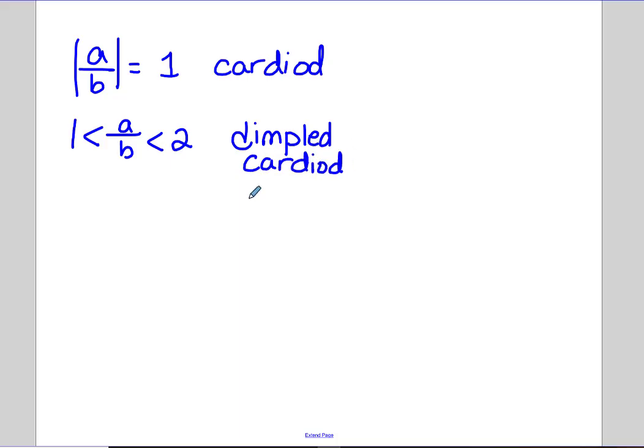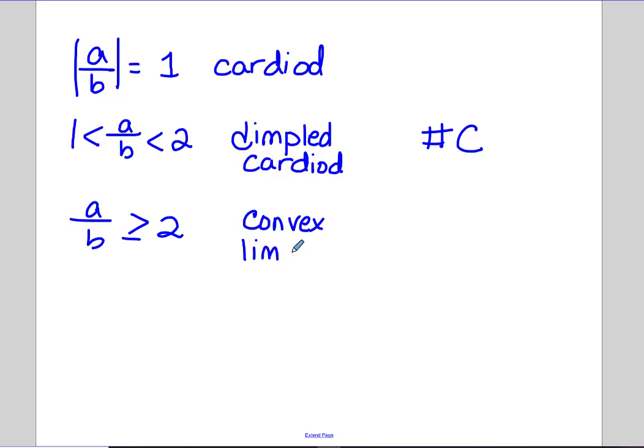So the dimpled cardioid was example C. And if the ratio is 2 or bigger, which was like example D, that's known as a convex limacon. That was letter D.